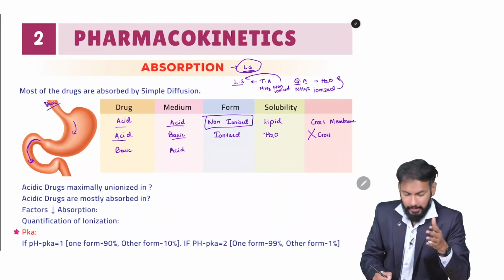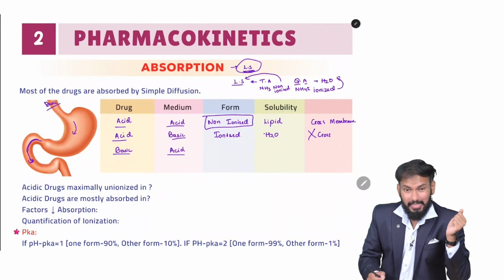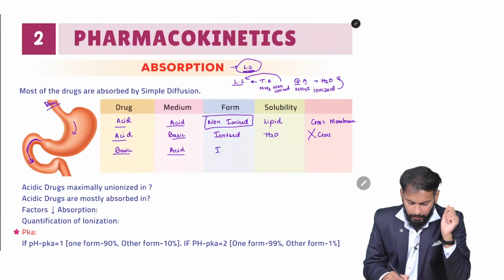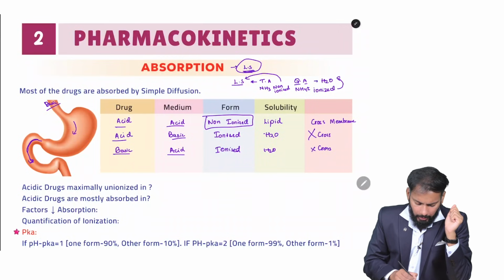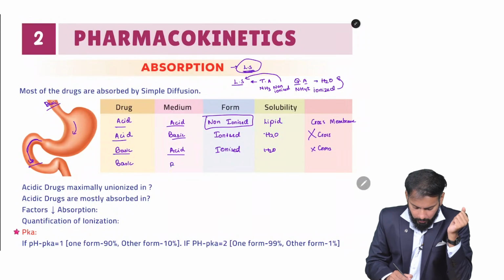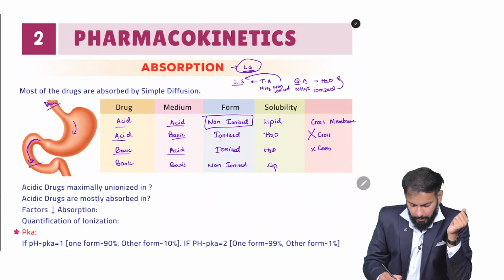Medium of stomach is acid, isn't it? So, basic drug and acidic medium, when they combine together, it will again form ionized form. So, this is water soluble and it will not cross the membrane. If this basic drug goes into the intestine, it is alkaline medium. So, this is basic medium and it will become non-ionized. It will become lipid soluble, it will cross membrane, that's all.